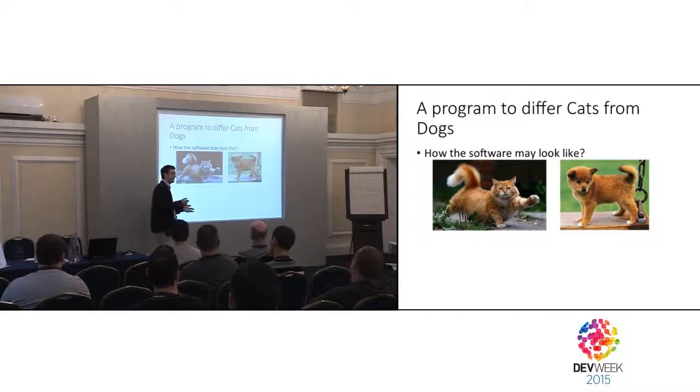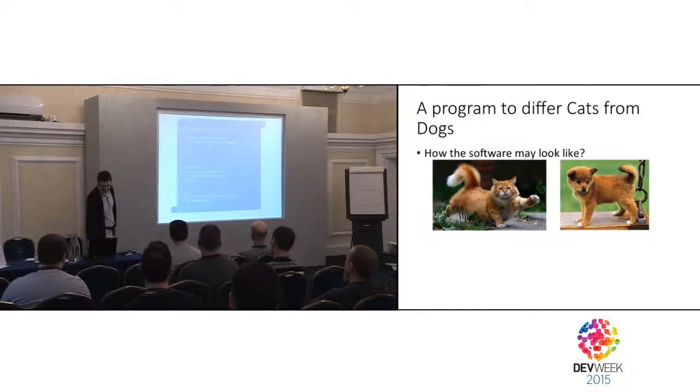Yeah, like size or color, but you know that there are small dogs and big cats, and we cannot just judge by the size of the tail because there are different cases. So it's rather difficult to formulate the decision rules in code.